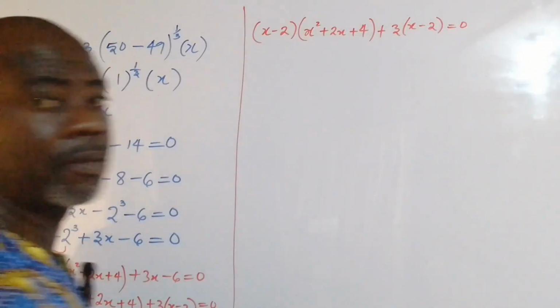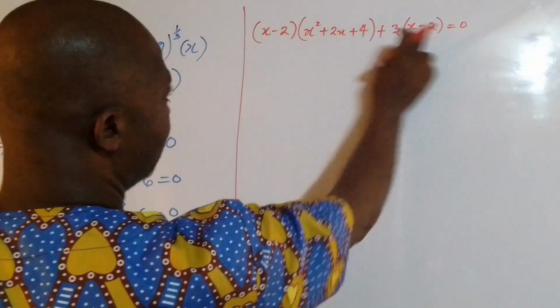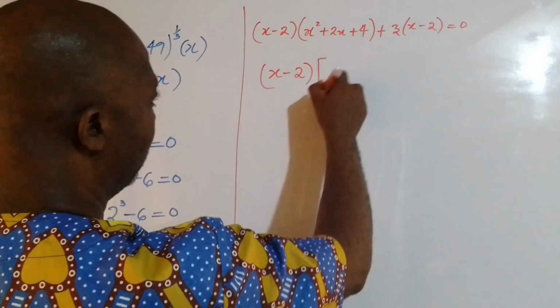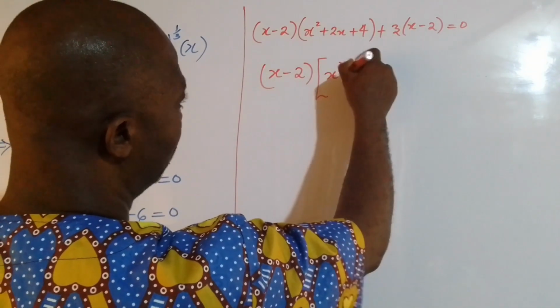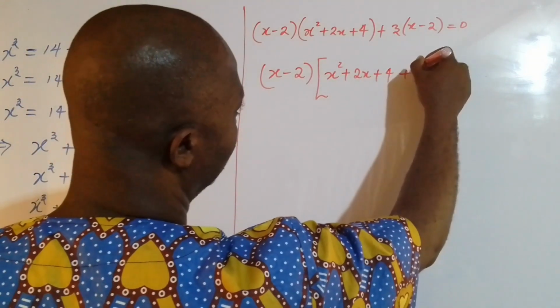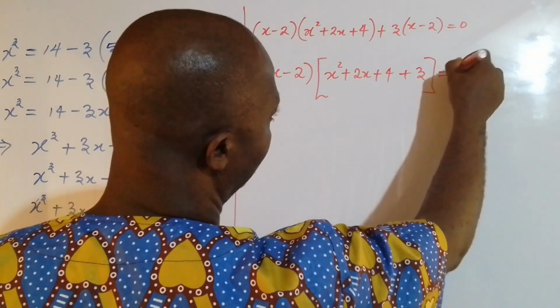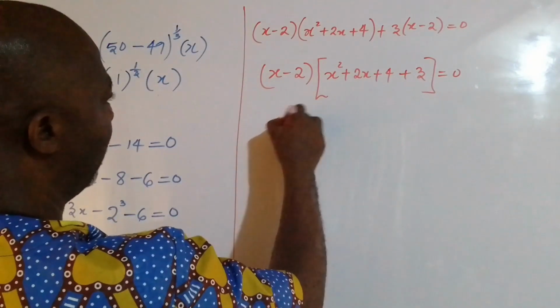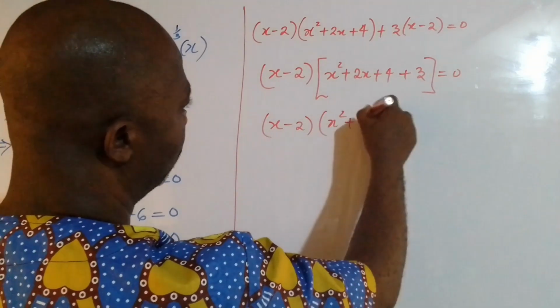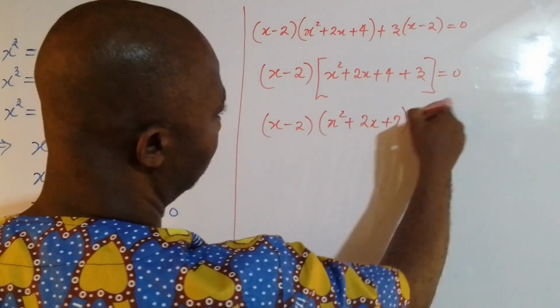All right, so from here, we can see that x minus 2 is a common factor, so I take that out. Then I'm going to have x squared plus 2x plus 4, then plus 3 equal to 0. So I have x minus 2 times x squared plus 2x plus 7 equal to 0.